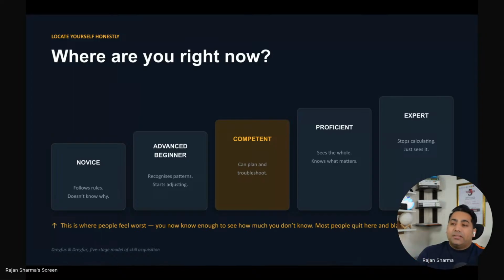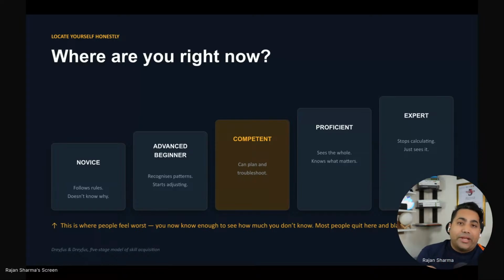The third is competent, where you can plan and you can troubleshoot. And it's very important, this is the stage where most people feel lost. Why? I will explain that. Because you know enough to see, I will repeat again, you know enough to see how much you don't know.